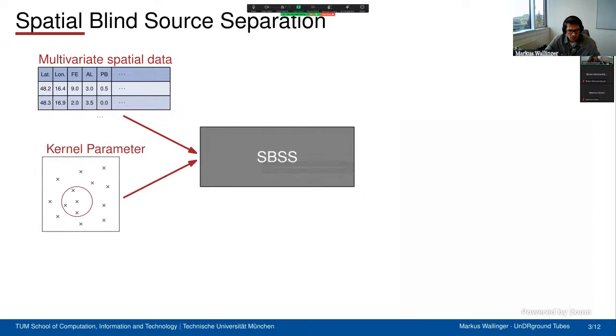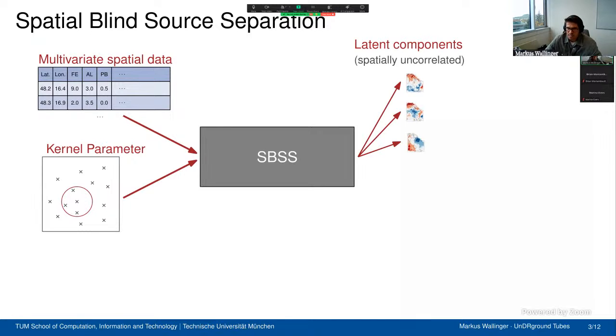And it is spatial because it defines a parameter, the kernel parameter, which dictates how you consider the neighborhood of a sample location during this analysis. What it outputs is latent components that should be spatially uncorrelated and show the contents of the input data set.